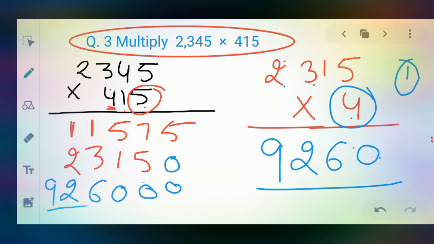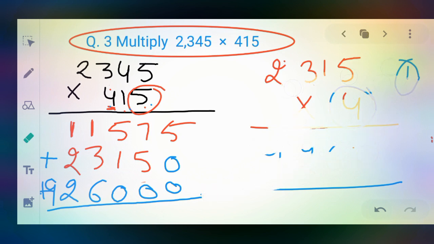Okay, now I want to add these. Okay, so dear student, here I mark plus, here also I put plus sign. Now I want to add these three numbers, which I get after multiplying by 5, 1 and 4. So dear student, I remove all these things because there is no need.